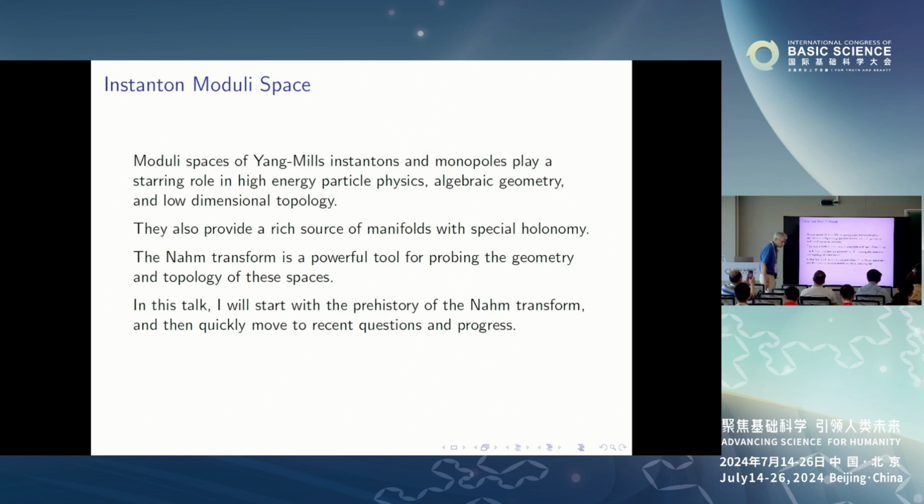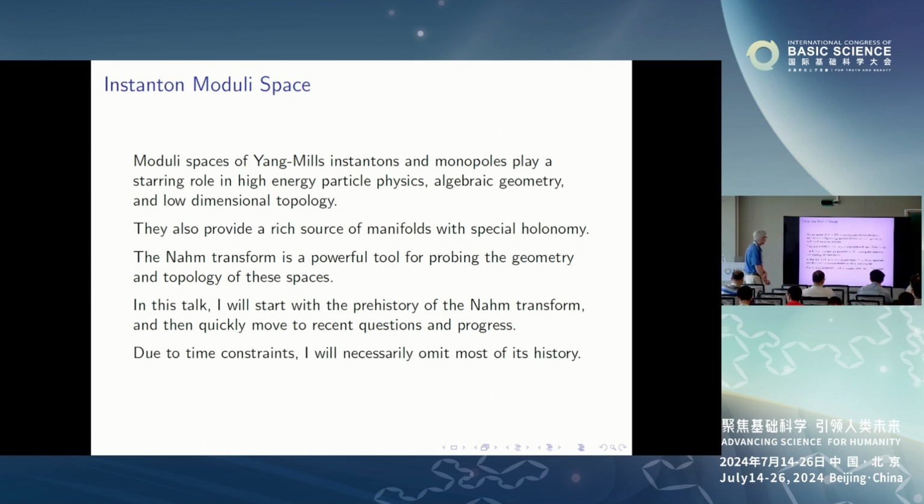And so what I want to do in this talk is start with an alternative history, I'll say, of the Nahm transform, some history as it should have been, maybe. And I won't spend much time on the real history. And then I'll quickly move to recent questions and recent progress since the study of the Nahm transform.